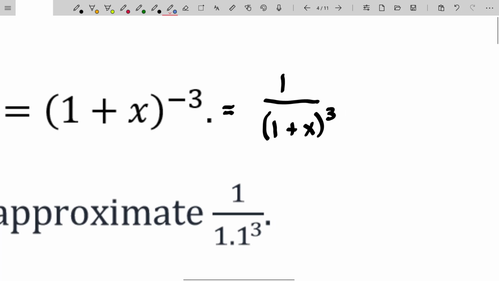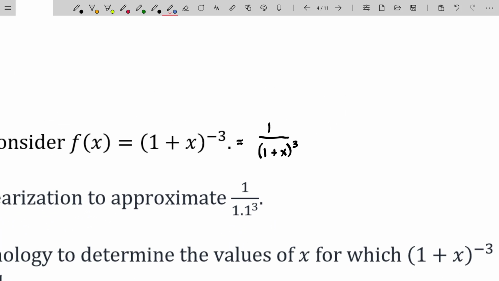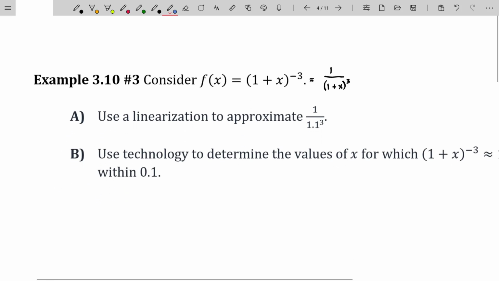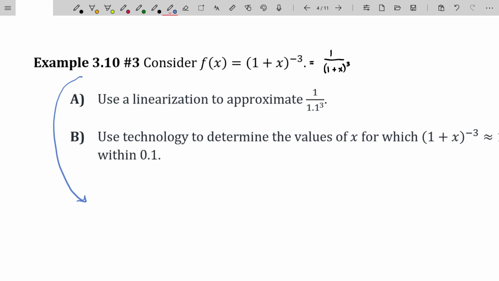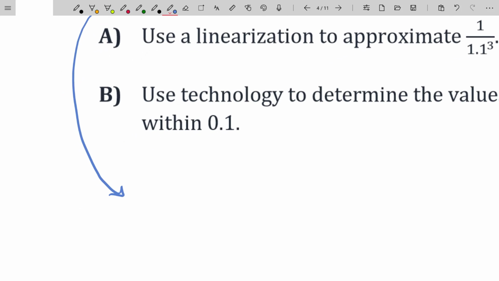Again, you're using neighboring values, nice numbers if you can. So we'll see that in just a moment. Let's go ahead and at least find the linearization of that function. So let's see. To find the linearization, which means find the equation of the tangent line, you need a point and you need a slope.